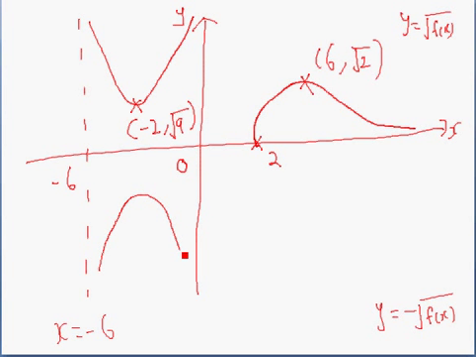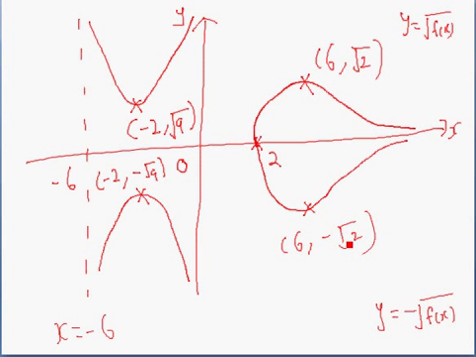So I will have a maximum point (-2, minus square root 9), and I will have a minimum point here at (6, minus square root 2). So this will be your y-square transformed graph.